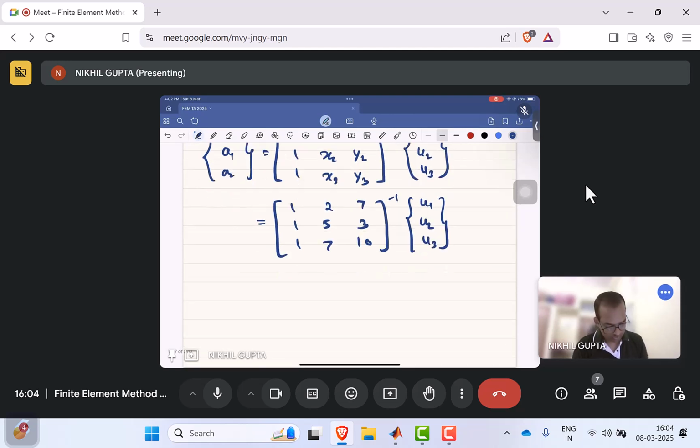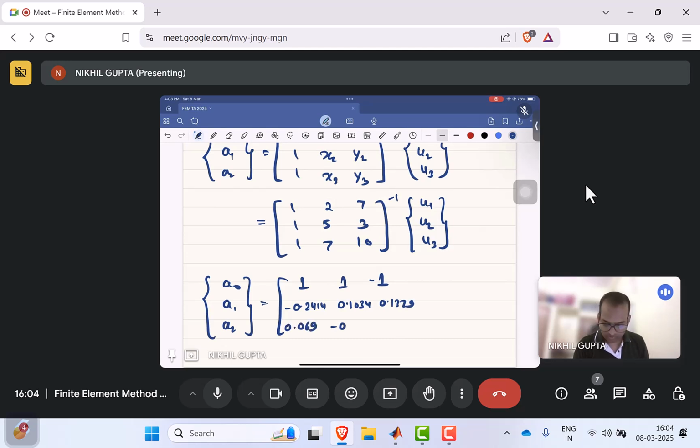Okay, so our final solution for a naught, a1, a2, which we will get after inversing, will be 1 1 1 with minus 1 is minus 0.2414, 0.1034, 0.1379, 0.069, minus 0.1724, 0.1034. I have just inversed the matrix.